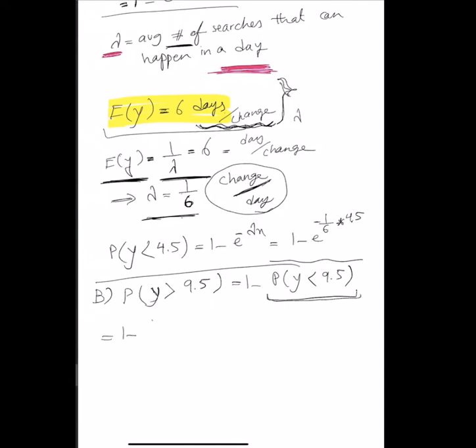The formula for that is 1 minus e to the power of minus lambda x. So that's 1 minus that, and when we simplify, these ones cancel each other. Lambda, we just calculated, is 1 over 6, and x is 9.5.